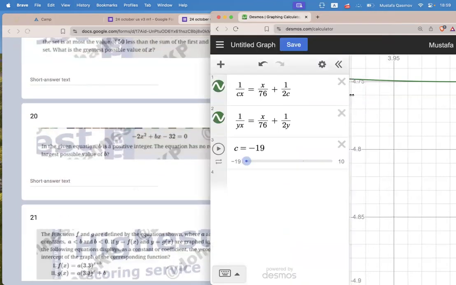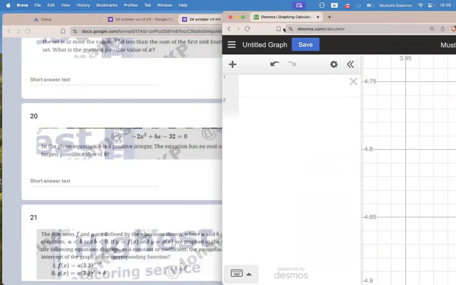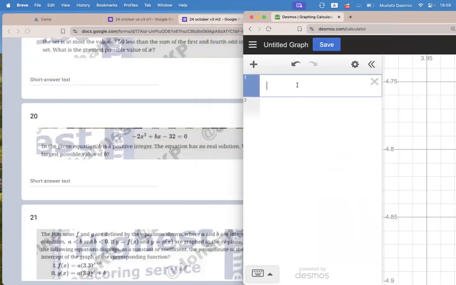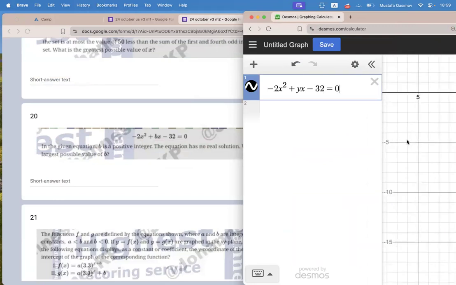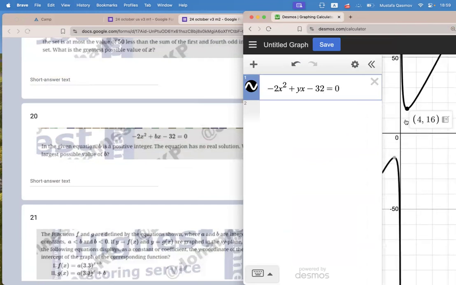20. For 20, again, you can do it like this. Negative 2x squared plus yx minus 32 is equal to 0. Okay, you can see that we have 16 and negative 16.